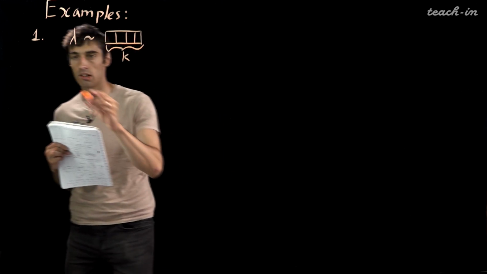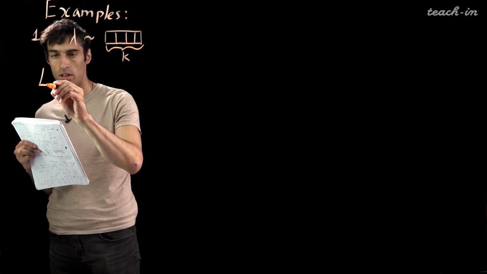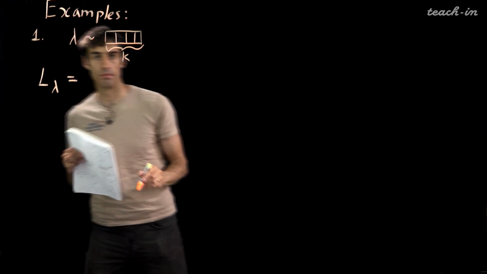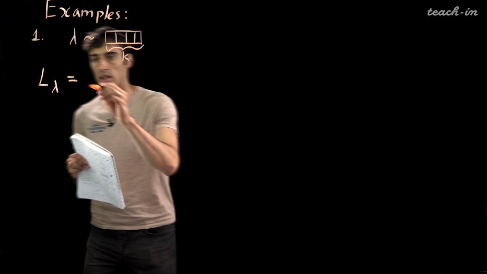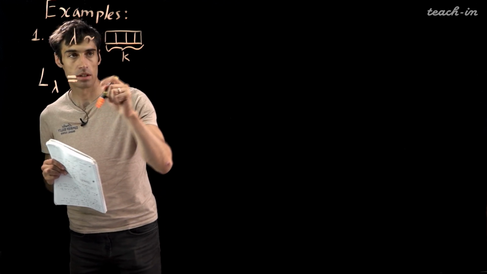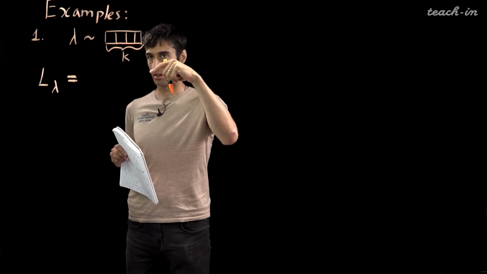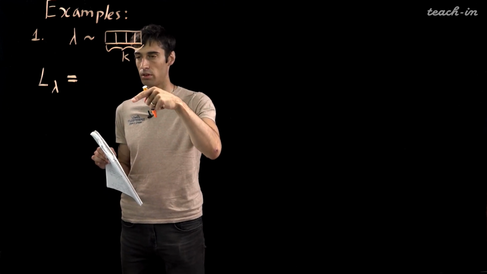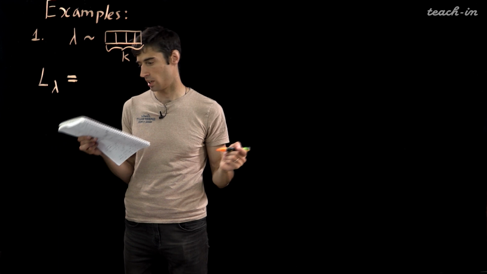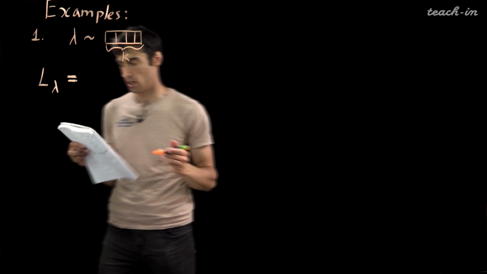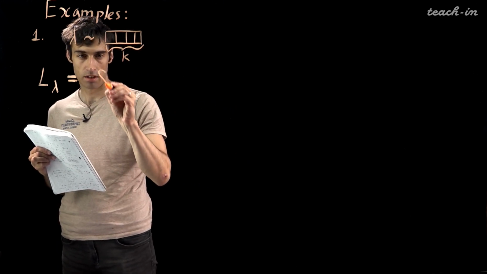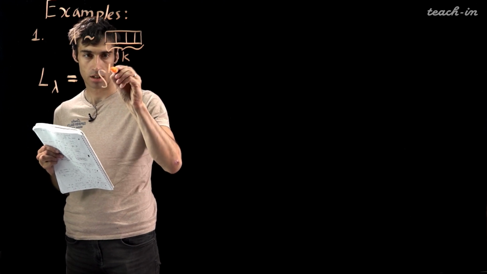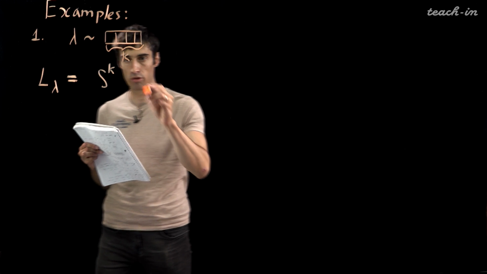then actually L lambda, as we know, is a representation of highest weight with k on the first place and 0 everywhere else, and we know that it is given by kth symmetric tensors of Cn.